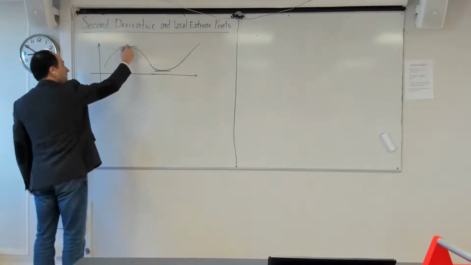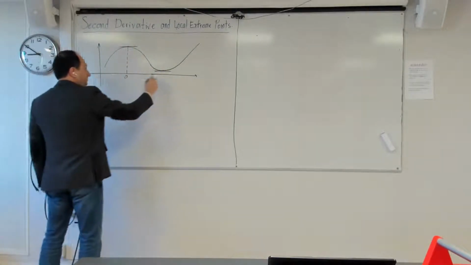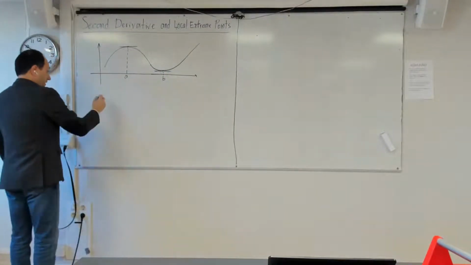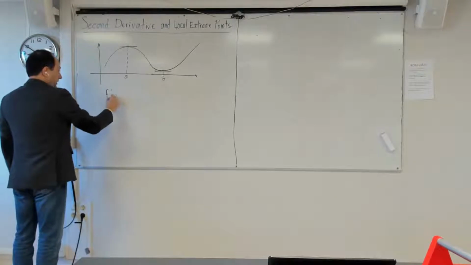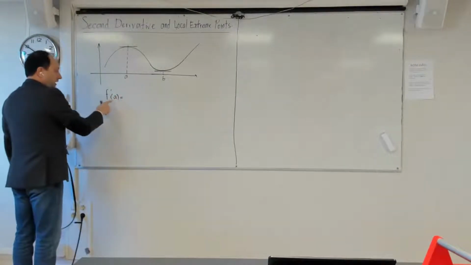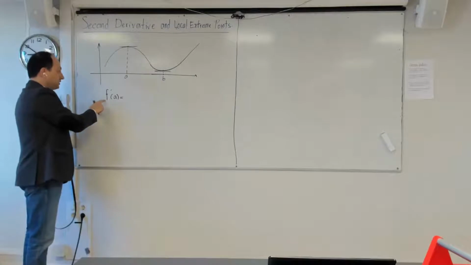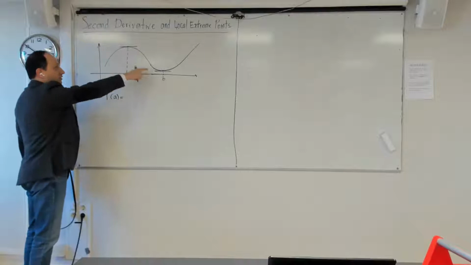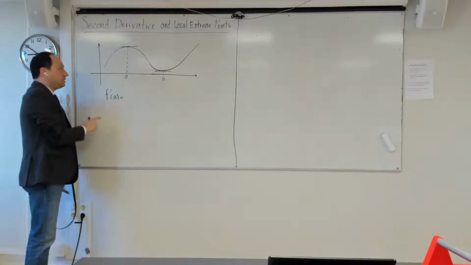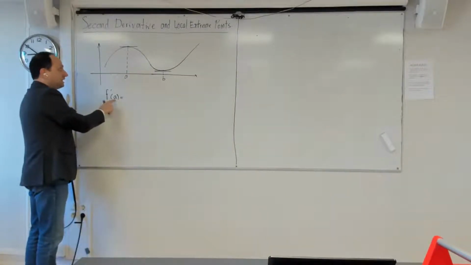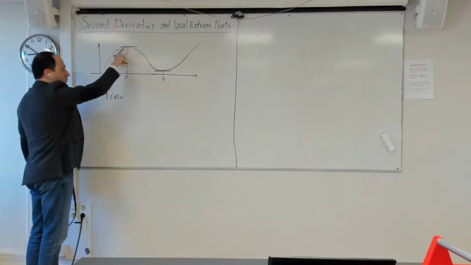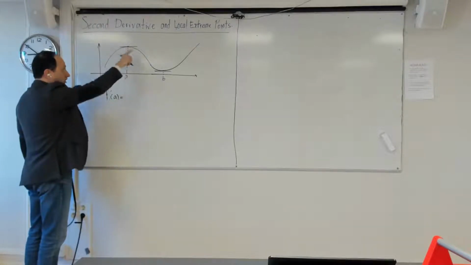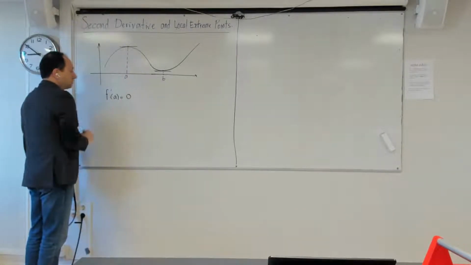Okay, so let me take this point to be point A and this point to be point B. If I ask you what is f prime of A, f prime of A, according to the notion of derivative, gives you the slope of the tangent line to the graph of the function at the point on the graph whose x-coordinate is A. That point is exactly this point, and you see that at that point, in a local extreme case, in a local maximum point, it should be horizontal, so the slope is 0.